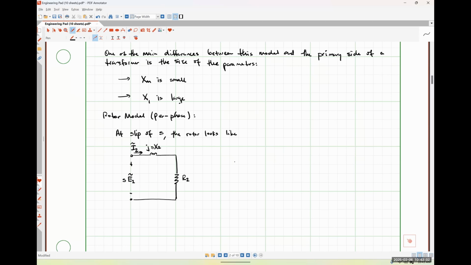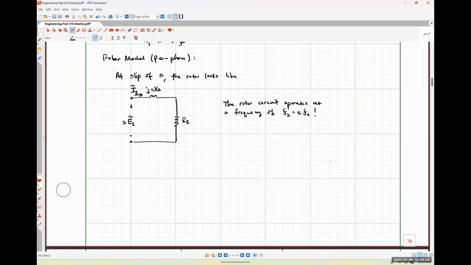And I want to make a note here that the rotor circuit operates at a frequency of F2 is equal to S times Fs. So I want to label what my things are really quickly. This one's a little bit easier, right?